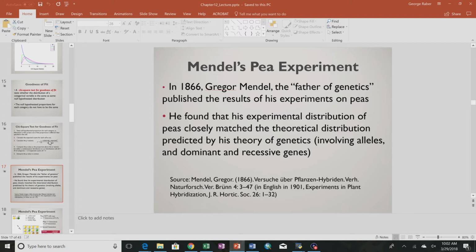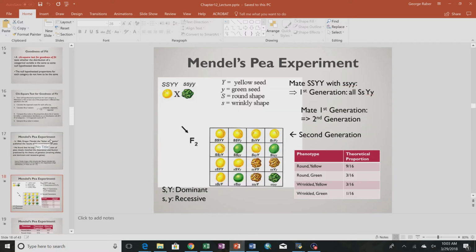And these characteristics that he first looked at were whether the pea was yellow or green, and whether or not it was wrinkled or not wrinkled. His theory was that the recessive genes would interact in a way that you would see less of them, because both plants had to have the recessive gene in order to pass that on to the new plant, whereas if they had the dominant gene, it would pass only on that category.